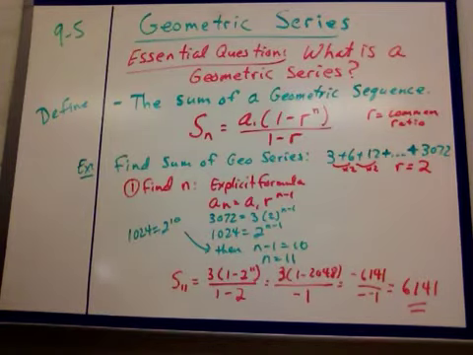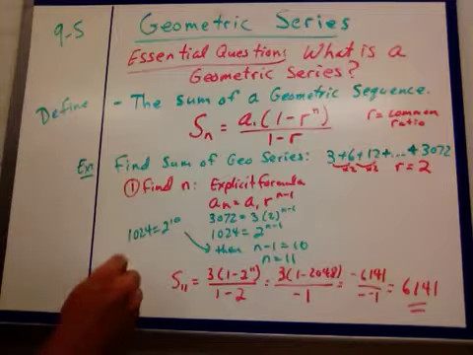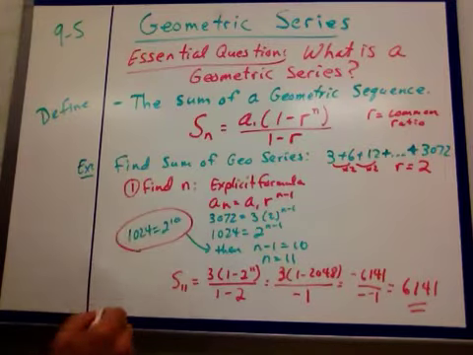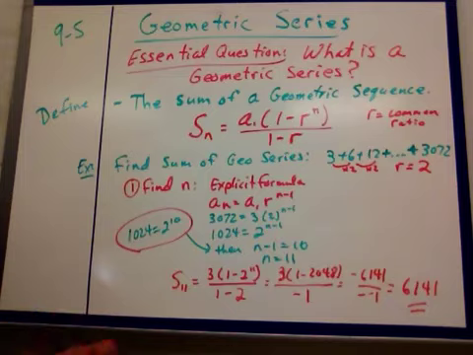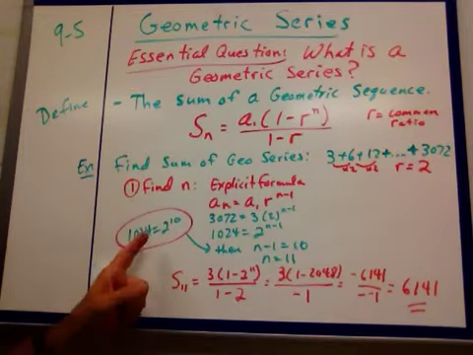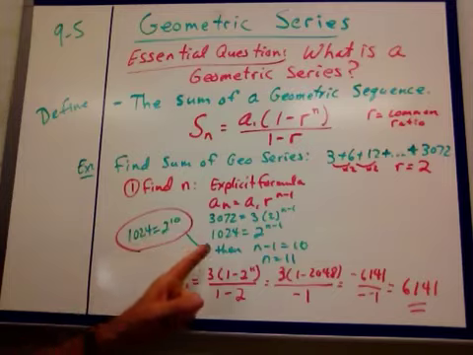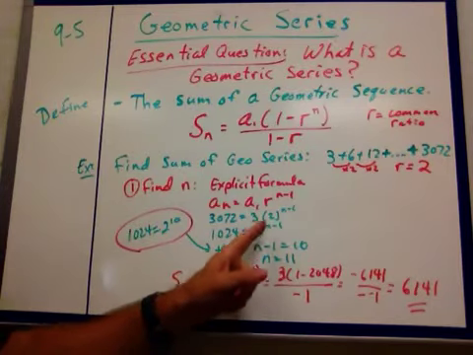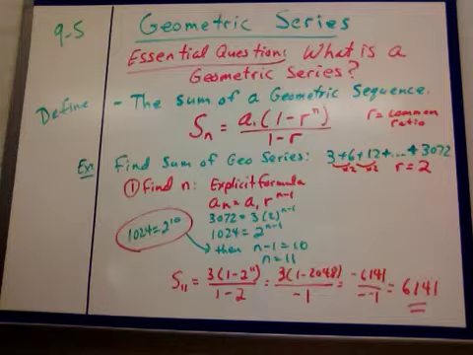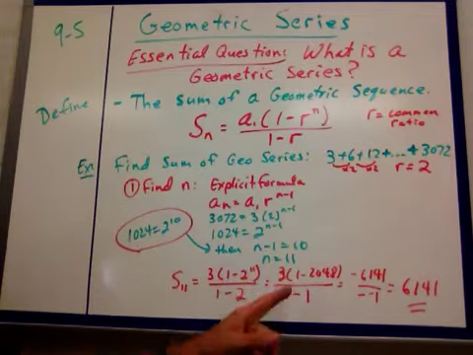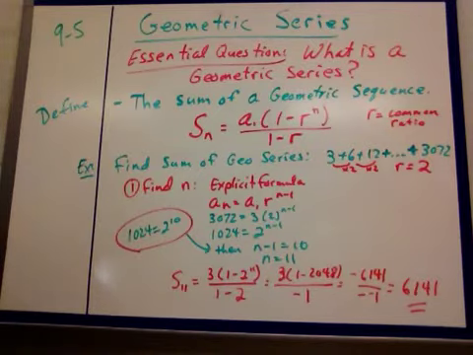And the thing to know here is that 2 to the 10th power is 1024. So if 2 to the 10th power is this, then 2 to the 10th equals 2 to the n minus 1. Well, then n minus 1 equals 10. Add the 1, and n is 11. So that term right there is the 11th term.